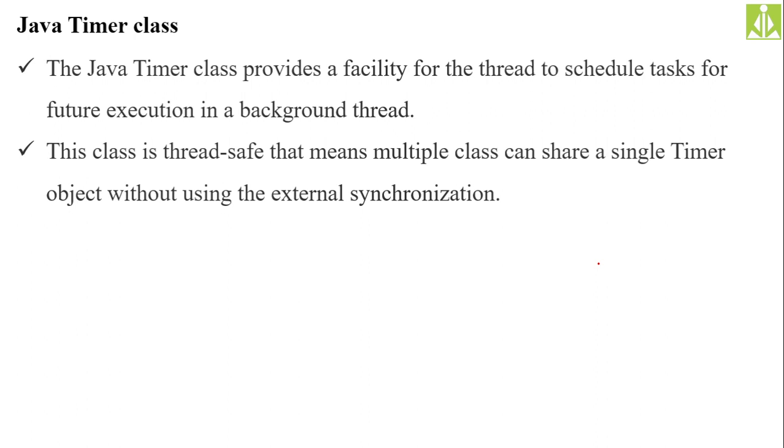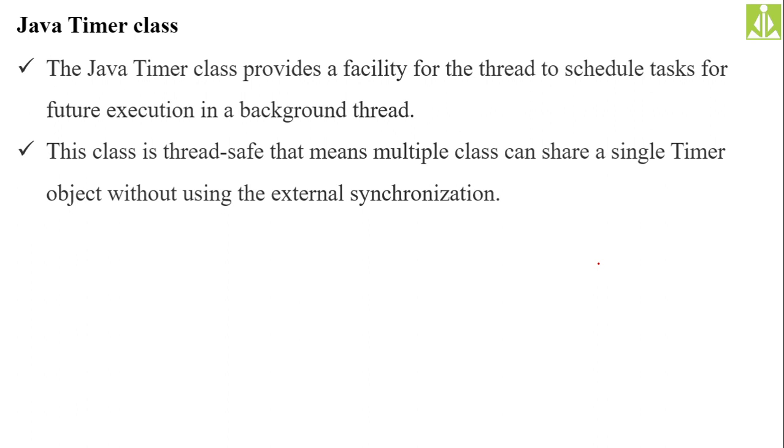So let us suppose you want a particular thread to be executed at so and so time. I want all the temporary files in my computer and everything inside my recycle bin to be deleted exactly at midnight. If my system is running at midnight, at 12 o'clock, everything inside my recycle bin and temporary folders should be deleted.